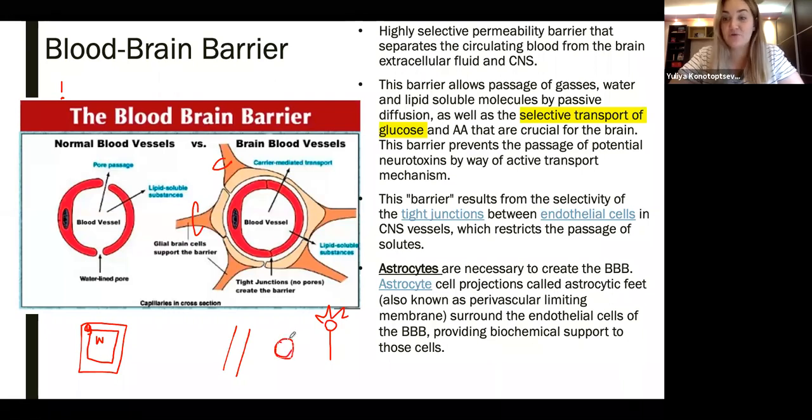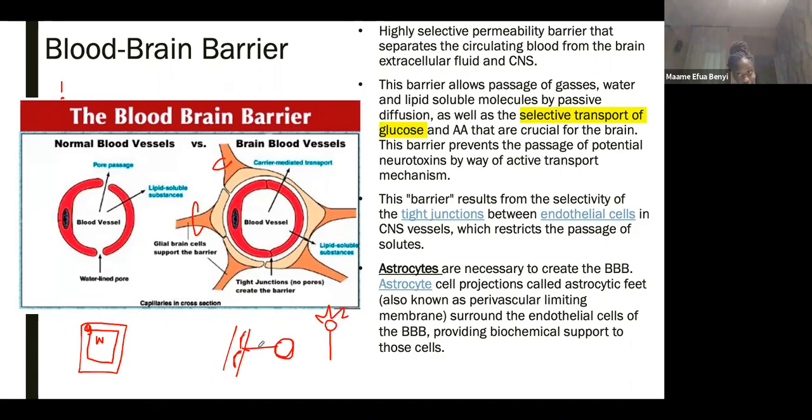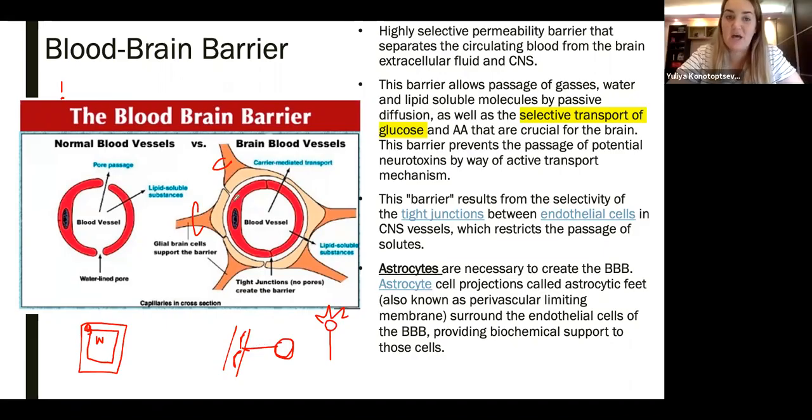Foot processes of the astrocyte are going to be located on the surface of the blood vessel, specifically where two endothelial cells have a junction. So a foot process of the astrocyte always ends up in a place where the two endothelial cells are meeting. Between these two endothelial cells, there's going to be a tight junction.